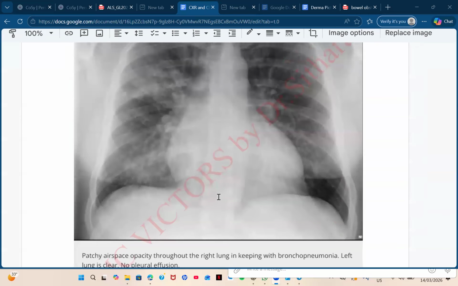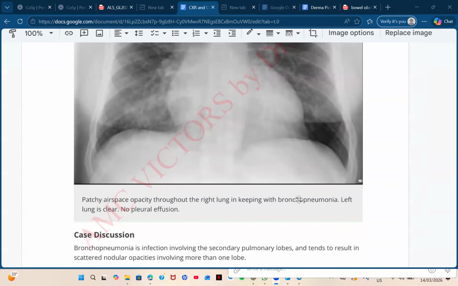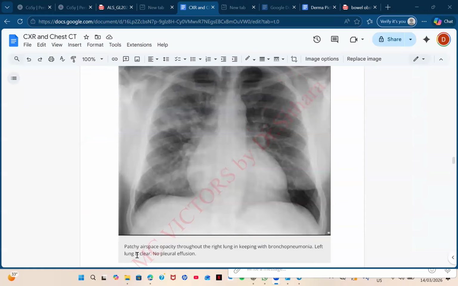Here you can see patchy airspace opacities throughout the right lung, in keeping with bronchopneumonia. So where can we see bilateral patchy infiltrations, doctors?